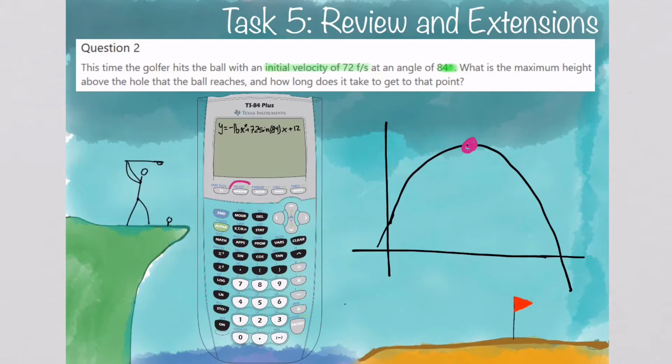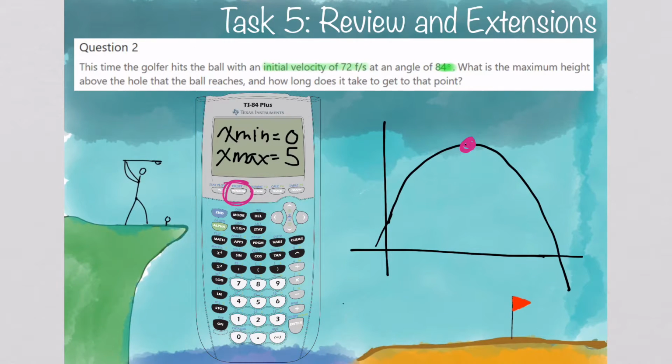So we need to make sure we have a good window to see all of this function. Go to your window options. Now we want to set the x min and x max to reasonable values. I've chosen 0 as an x min because I'm remembering that our x values are actually referring to times. So a time of 0 seems like a good starting point. And given the context of the problem, I know the ball is not going to be in the air for that long, so 5 seems like a reasonable number of seconds.